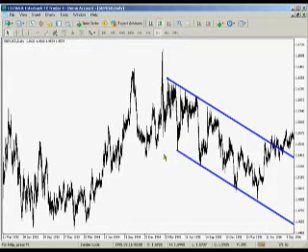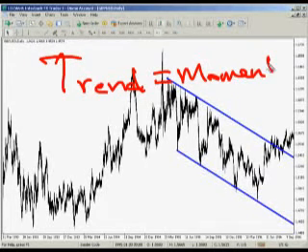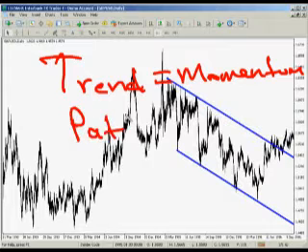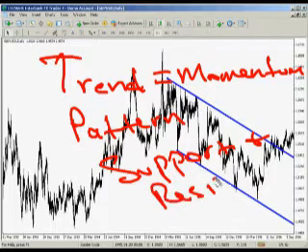We are trying to identify, remember, trend, which equals momentum. We then look for pattern and support and resistance.